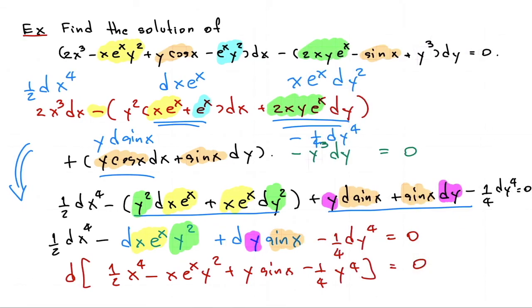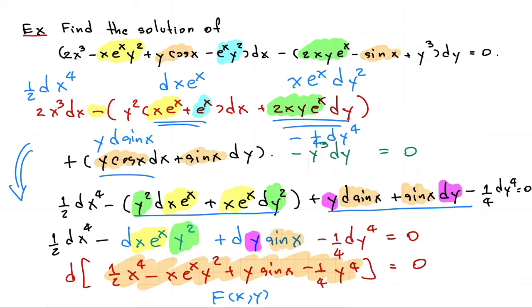Which means that this guy is actually f. Make sense? This guy is actually f. Okay? And that is the solution.